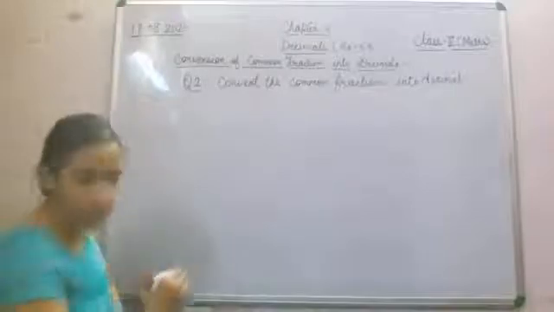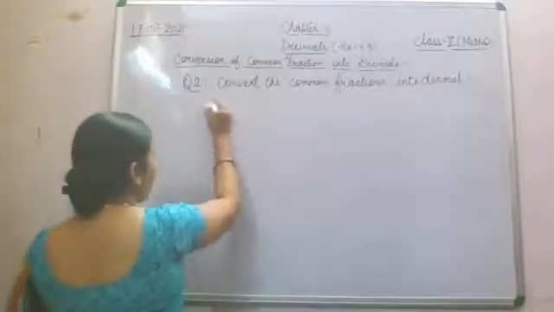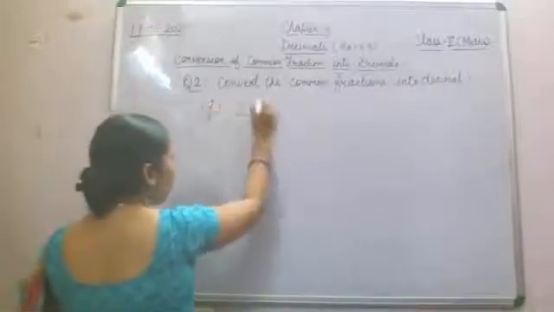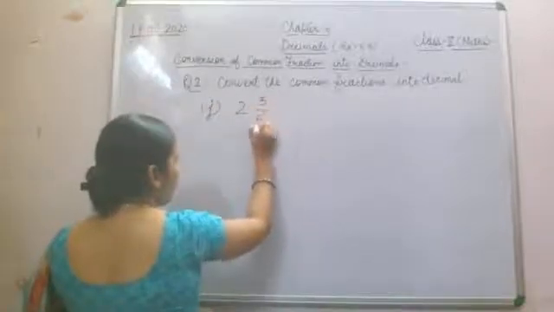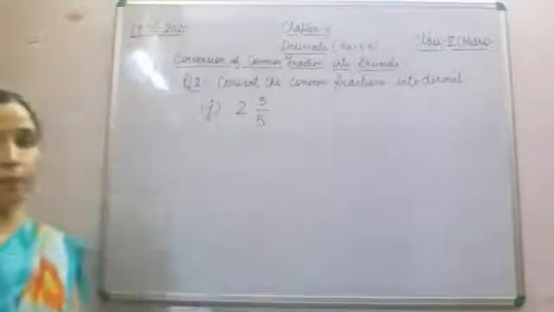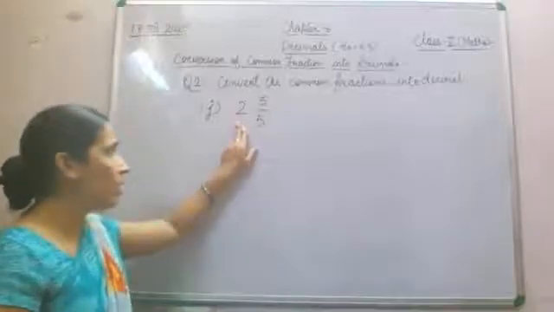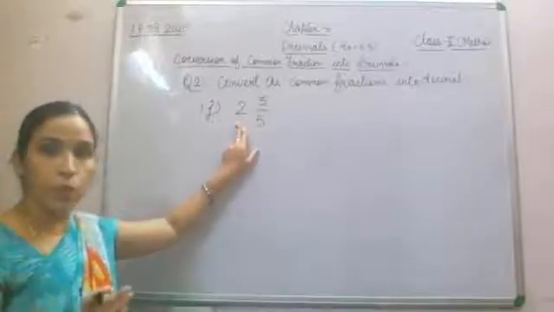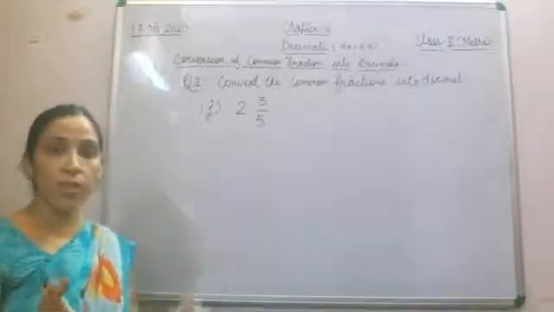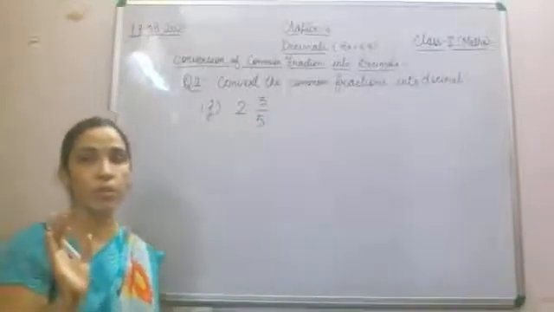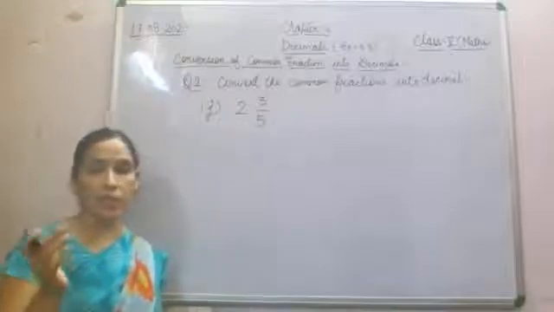So let's see J part. Now what is J part? 2 3 by 5. Now what is the first step? Here you can separate 2 and then 3 by 5. Now only 3 by 5 is supposed to be converted into decimal, and then you can write the answer.